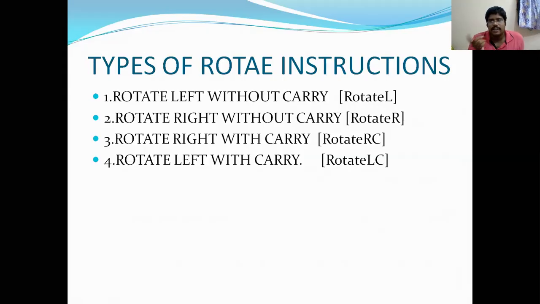So left, right, with carry, without carry: altogether there are 4 combinations. Rotate left without carry, rotate right without carry, rotate left with carry, rotate right with carry. These are the 4 types of rotate instructions. I have written a spelling mistake here: ROTATE. Now we are going to discuss these rotate instructions one by one.